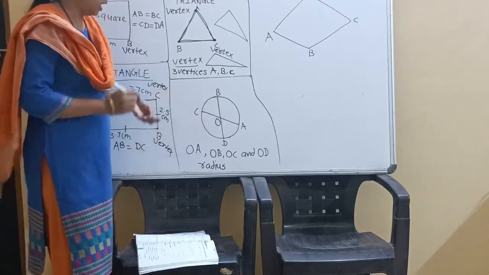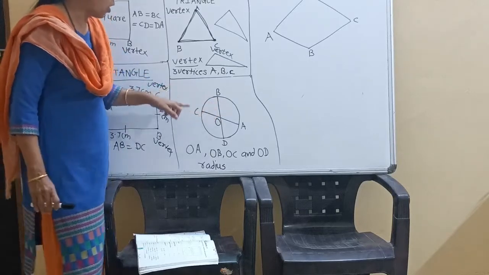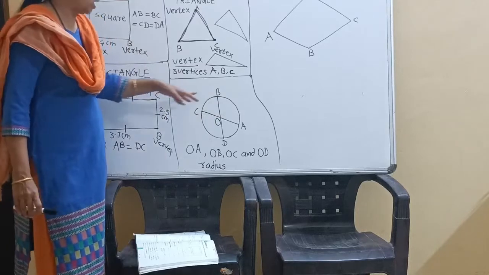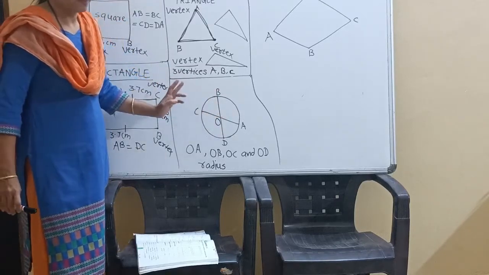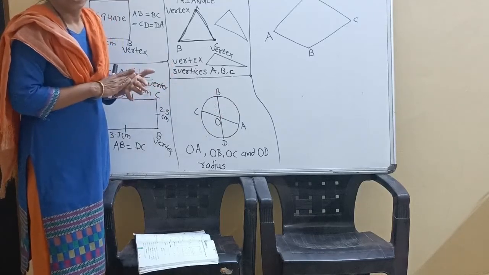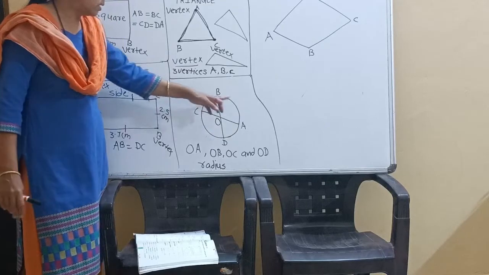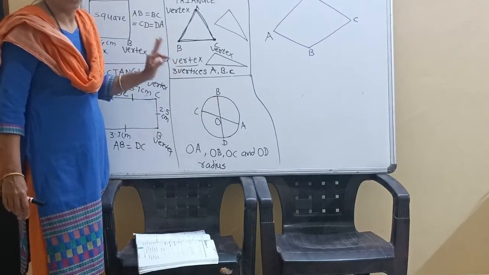We do not need a scale to draw a circle. Without a scale, we can draw our circle. That is very simple. No need of any measurement, and this circle does not have any side and does not have any corner.